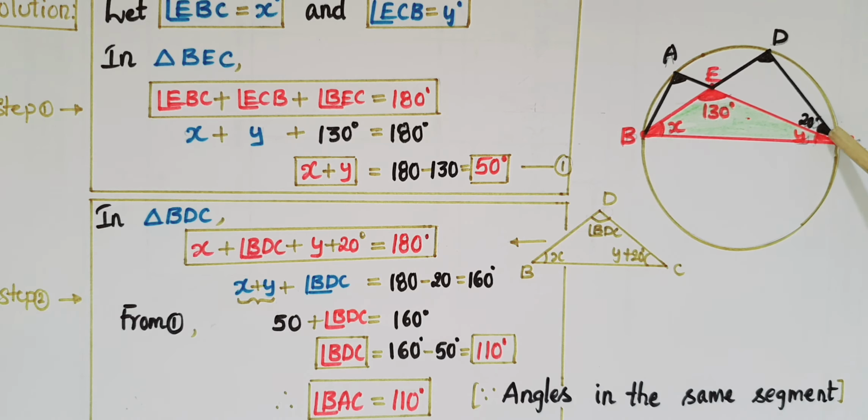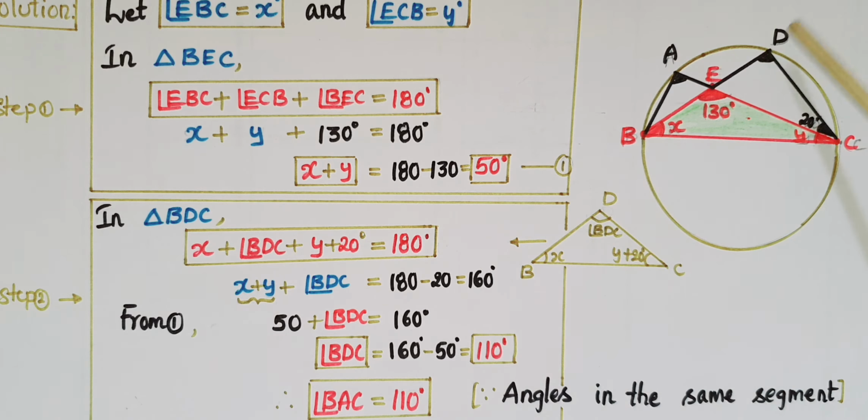So x plus y plus angle BDC is equal to 180 minus 20, that is 160 degrees. And x plus y, from equation 1, is 50 degrees. So 50 plus angle BDC is equal to 160 degrees. Therefore, angle BDC is equal to 160 minus 50, that is 110 degrees.